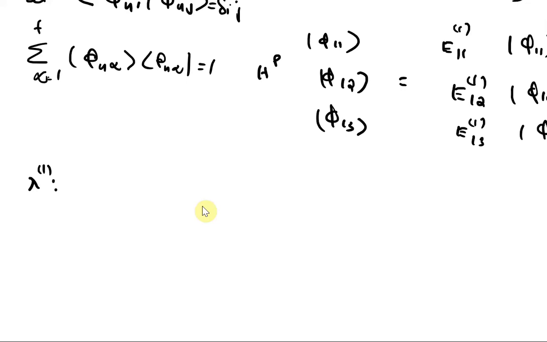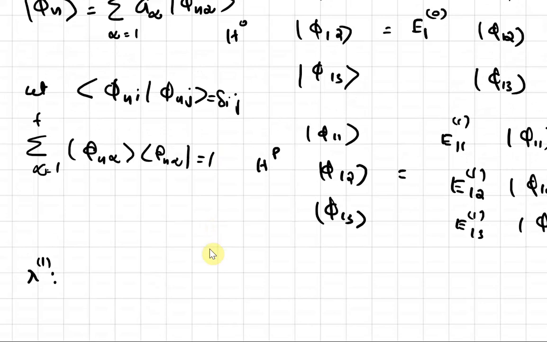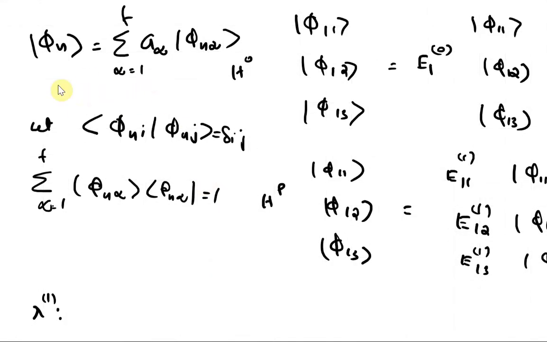One is the first order energy correction, and I need to find out this phi n, that is my state now, and I don't want to go to the first order. I just want to find out the zero order correction. I'll be very happy. We will be discussing only till here. I just want to find out the coefficients of this a alpha.